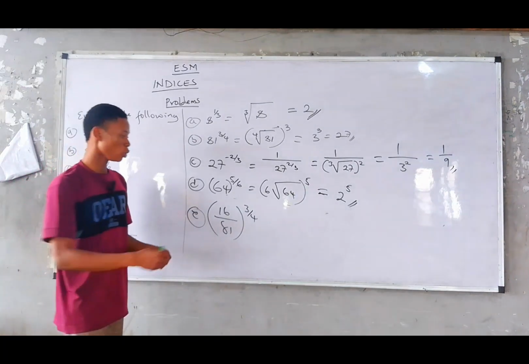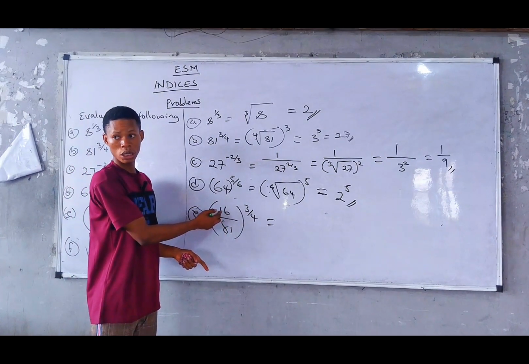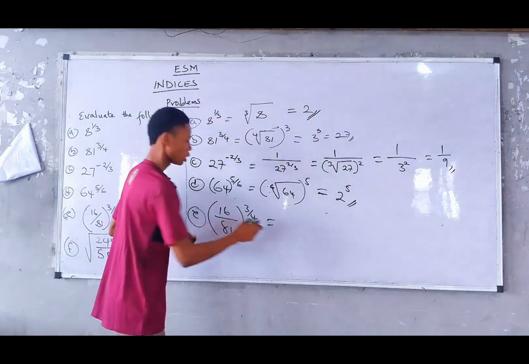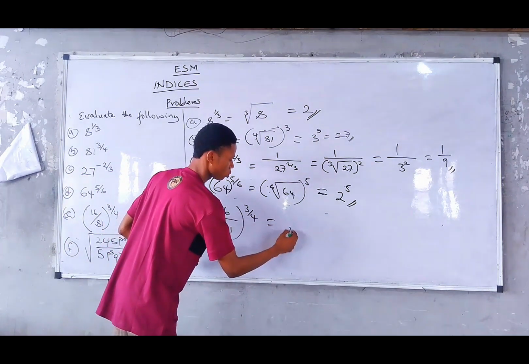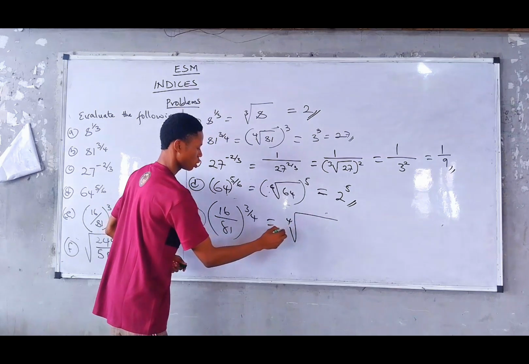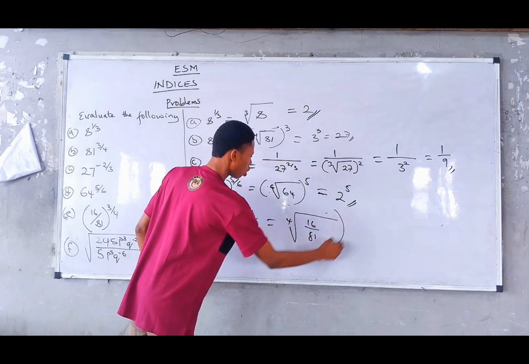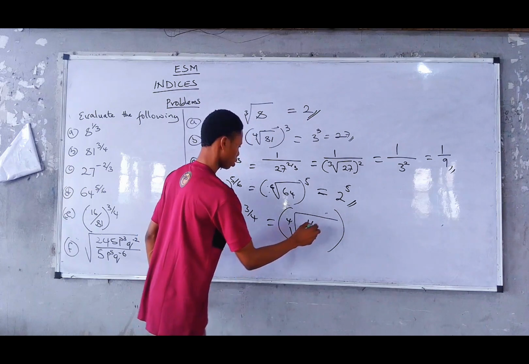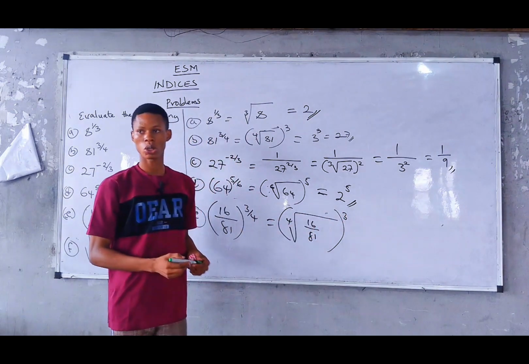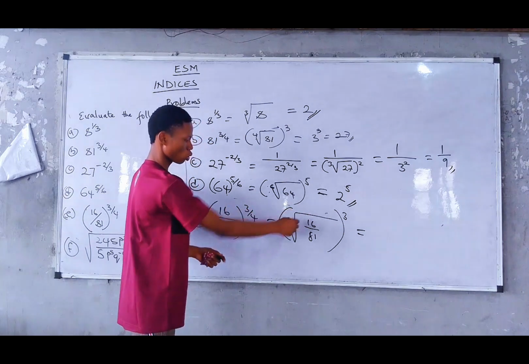Okay, let's go with the roots. This thing is reducible, you can reduce it. But let's go straight first. This is the same thing as what root? Fourth root, right? Of 16 all over 81, right? All raised to power what? All raised to power 3. Is it not? Good. Now, how do we go about this now?